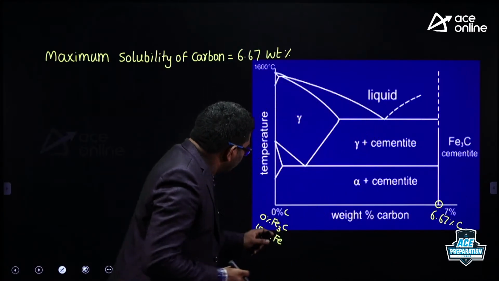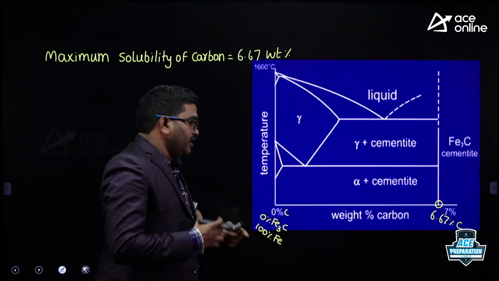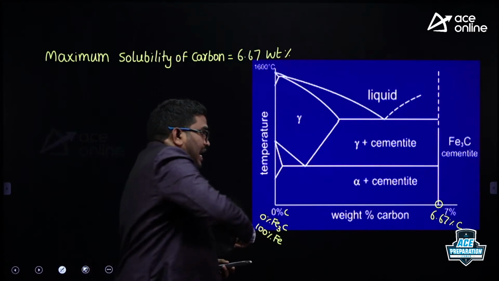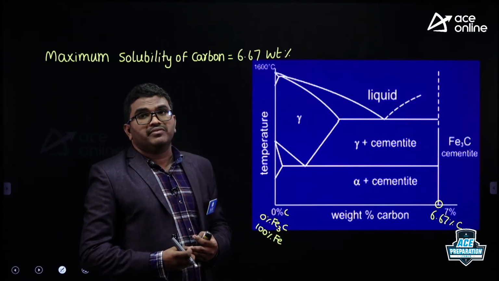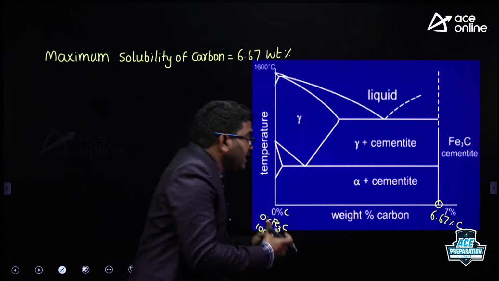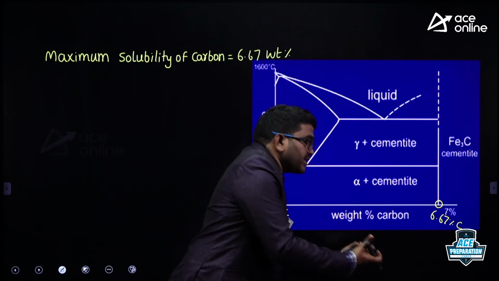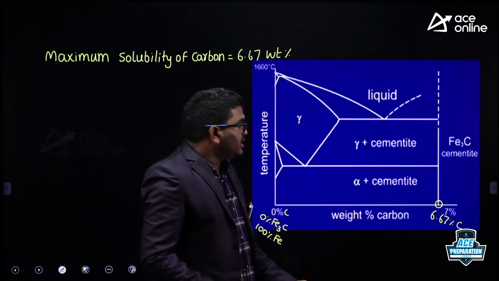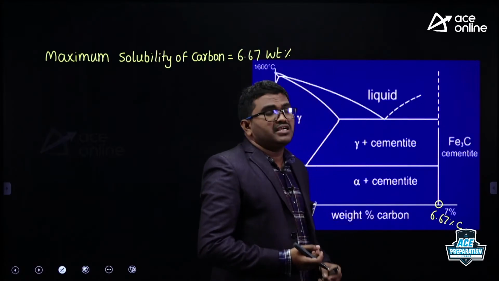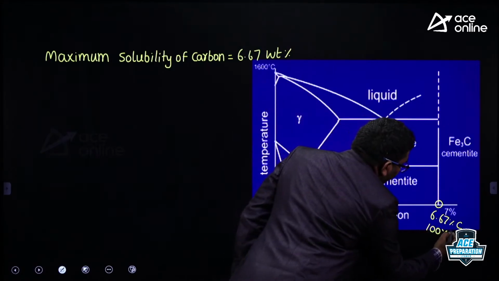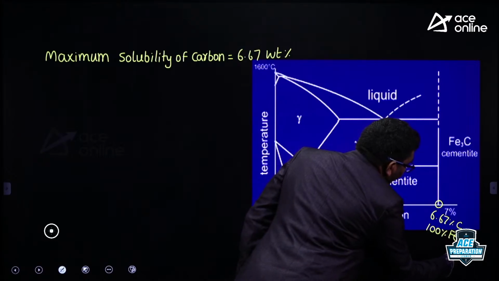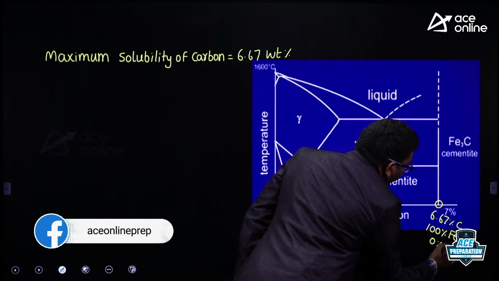Now, see here, at 0% of carbon, no cementite. Now I am increasing the percent of carbon. So cementite formation is increasing, and the pure form of iron is decreasing. At 6.67% of carbon, 100% of cementite is formed and 0% of iron.